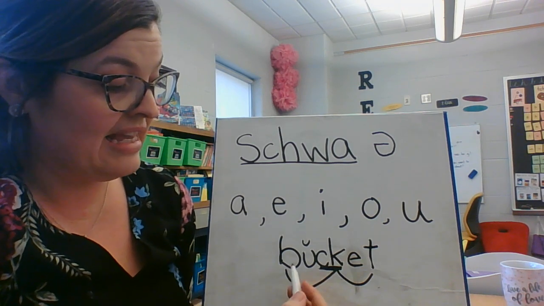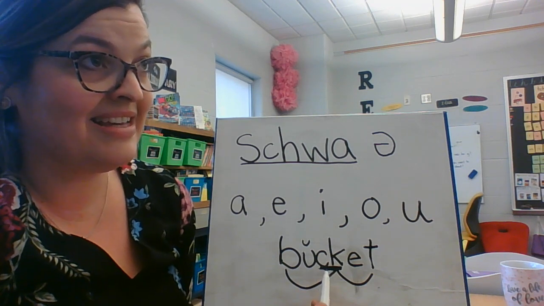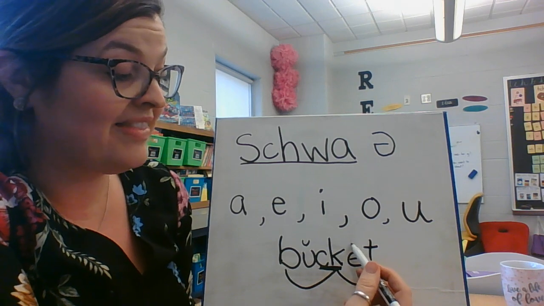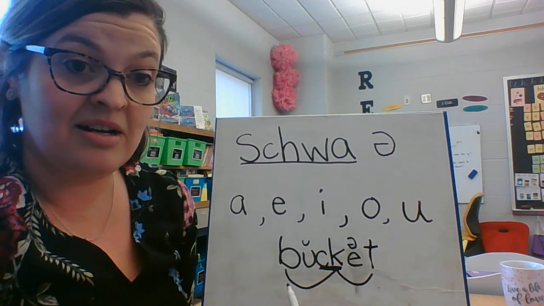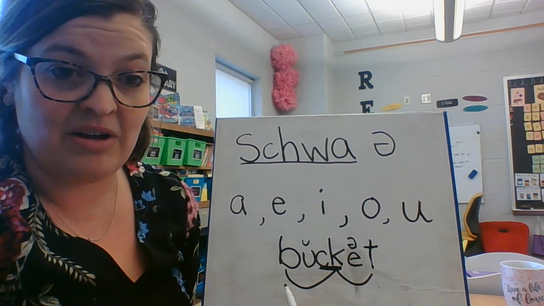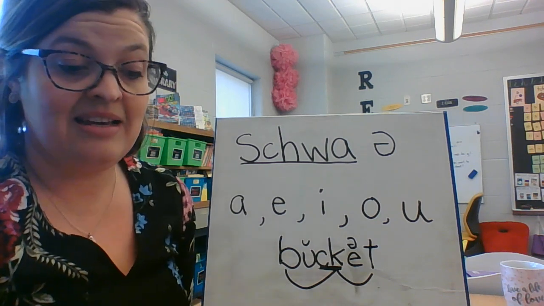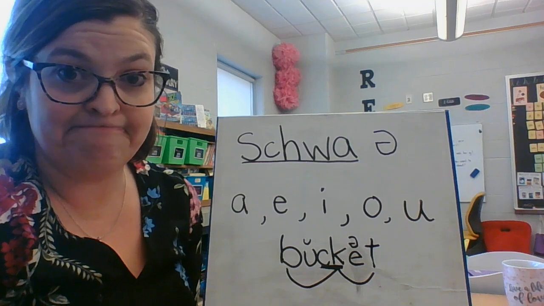So in this case, we have a short U followed by a CK, and then we have the sound it. We know that that is going to be a schwa because it's not making the expected vowel sound. So try an ET at the end if you hear that it in the unaccented syllable.